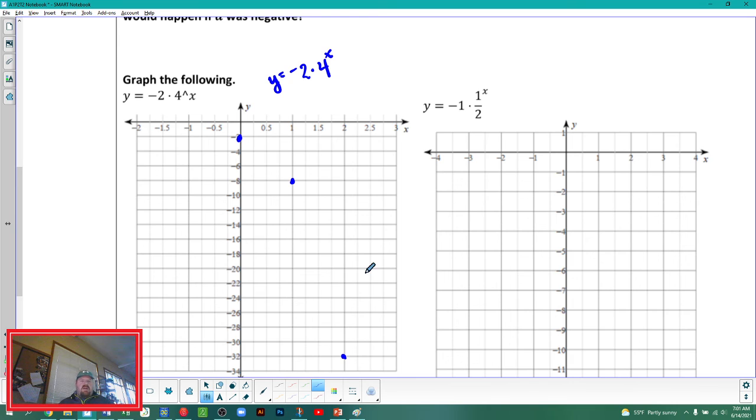And we can think about a couple numbers on the other side of x equals 0. If I think about 4 to the -1, 4 to the -1 is 1/4 times -2 is going to be -1/2. So that's going to be about there. And we're going to get -1/8 out of -2.